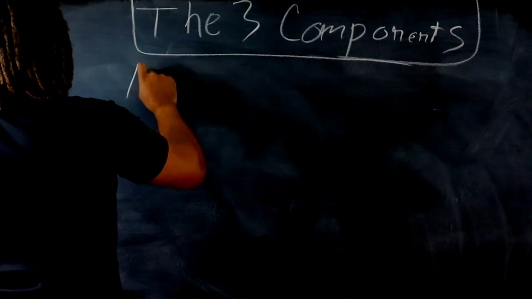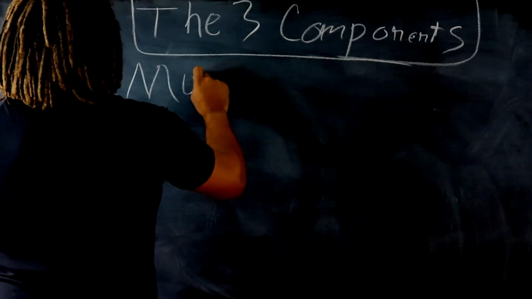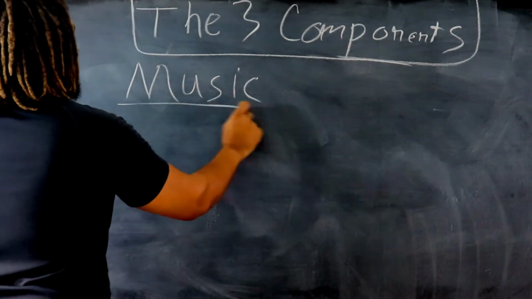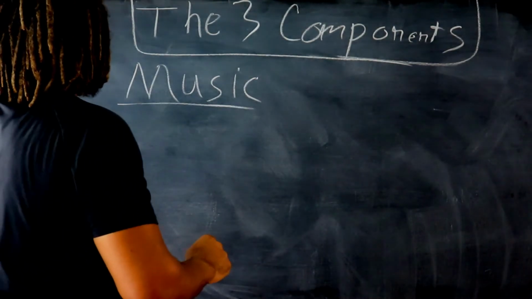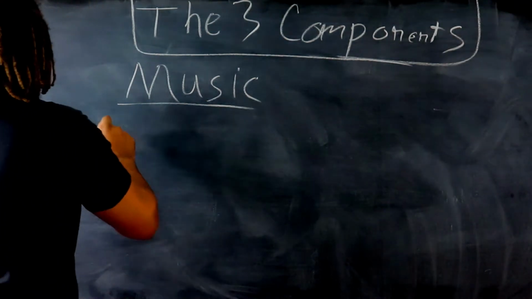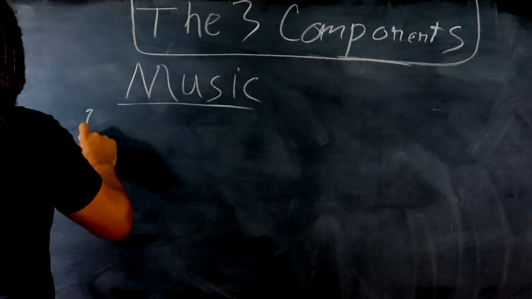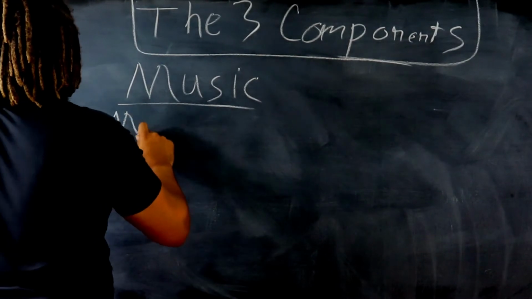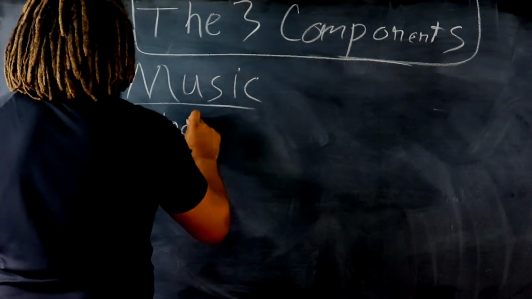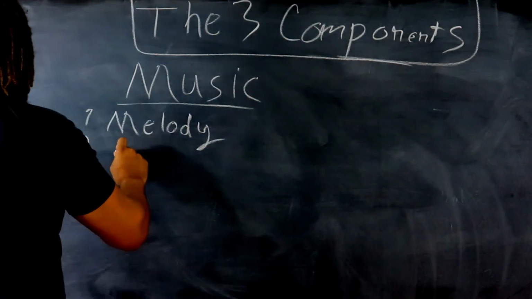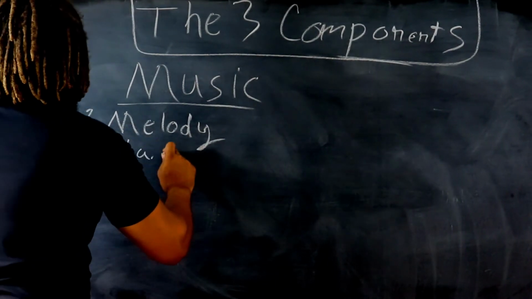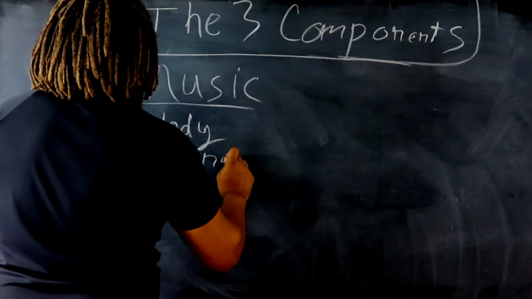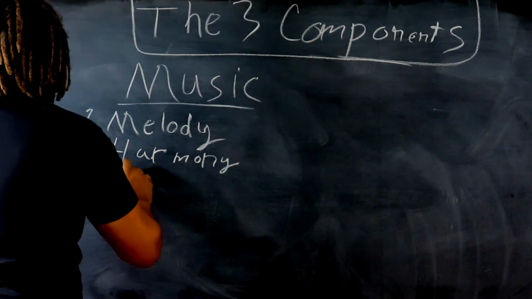For music, the composer or the improviser is usually concerned with 3 main things. That would be melody, harmony, and rhythm.